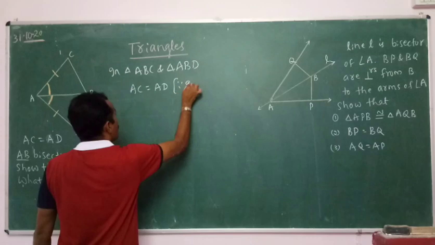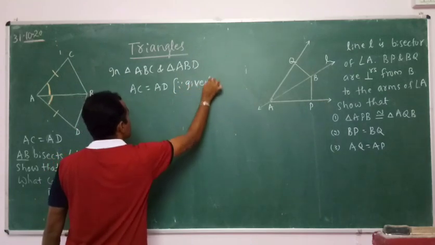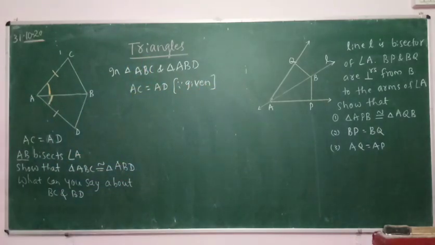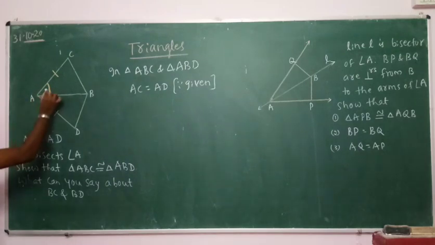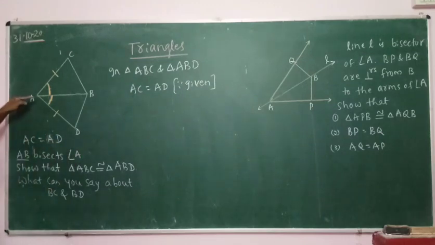This is because given. Come on. What's the second thing? These two angles are equal. Who told? That is also given. AB bisects angle A. That means these two angles are equal.